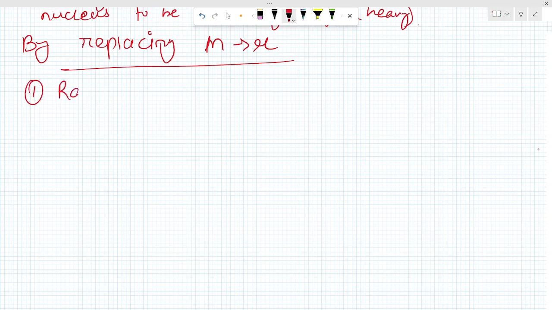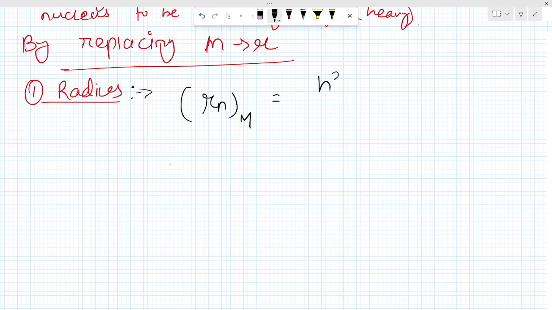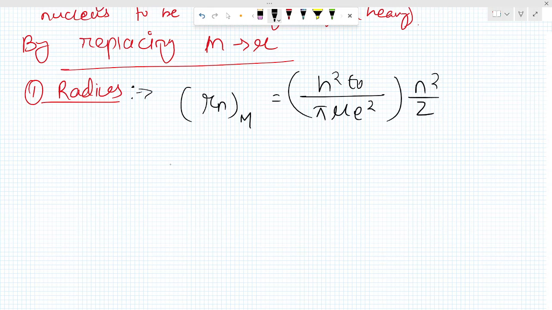So first of all, we will see what the changes will be in the radius expression. Rn, that is with capital M, will be equal to h square epsilon naught divided by pi mu e square, multiplied by n square upon z, isn't it? So by substituting mu, what will we get?